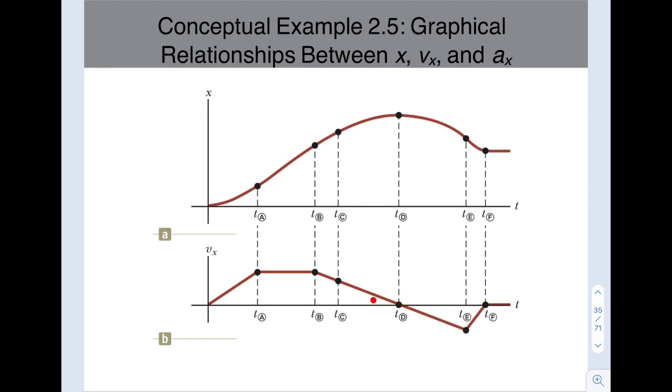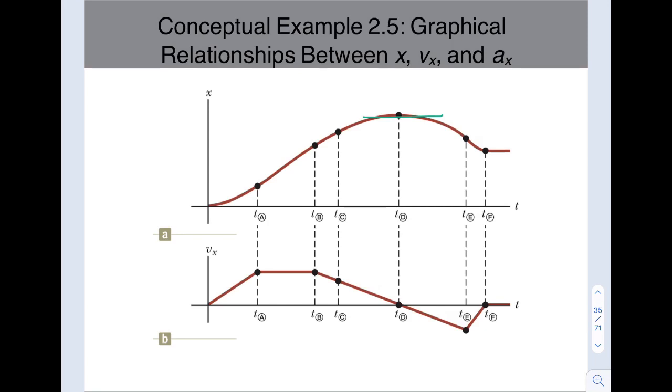At td, the slope of the xt graph is 0. At this point, the slope of the graph is 0, because if you take a tangent to this, it's a flat line, so it's 0. So the velocity is 0 at that instant. If we take a look at td, the velocity is 0 because the slope is 0.